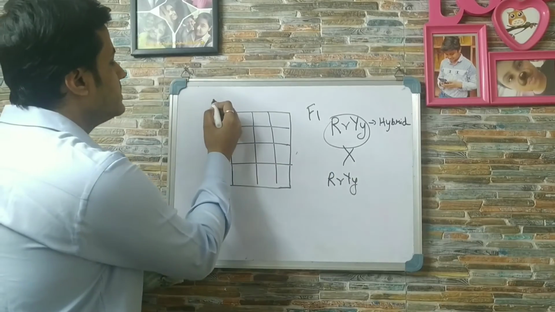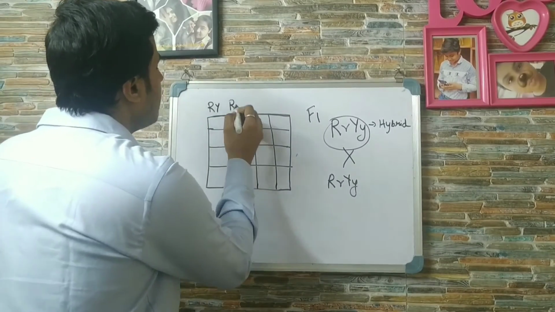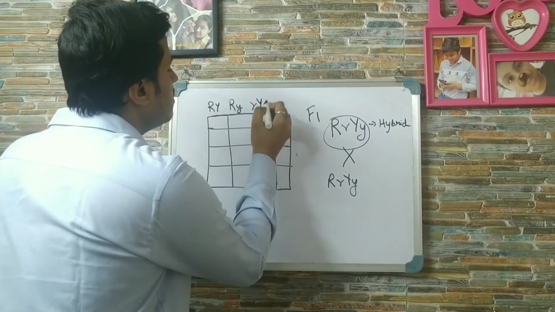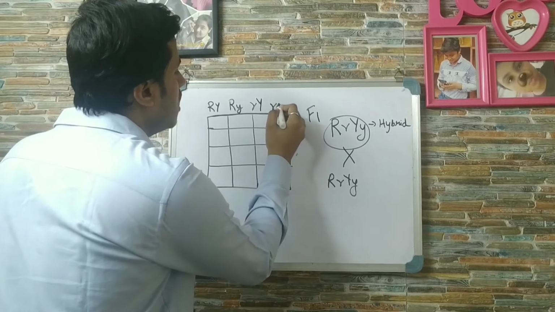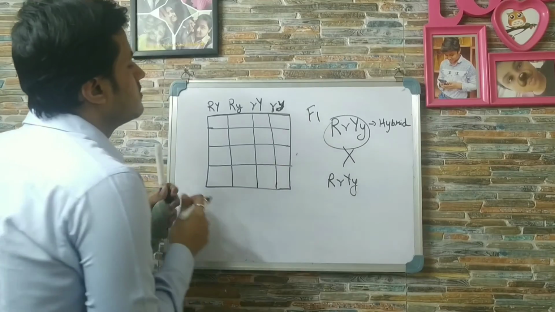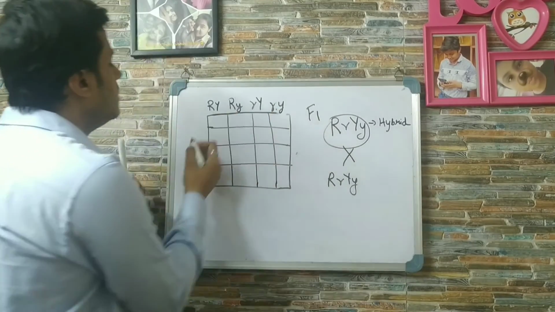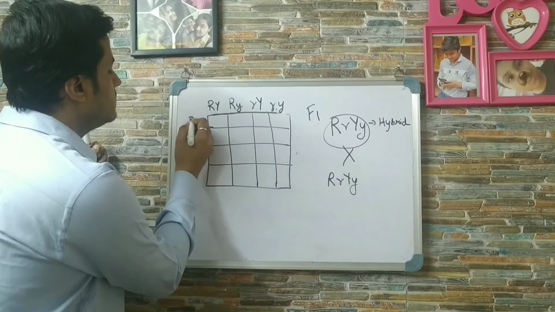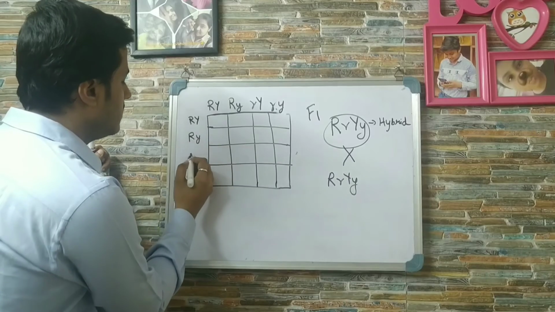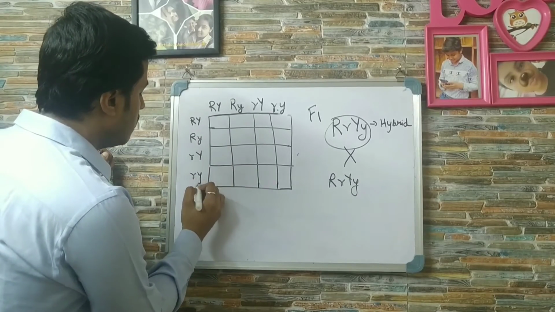So if you try placing this as RY, then it will be capital R small y, then small r capital Y, and last one will be small r small y. Okay. Similarly, same will be on the other side, that is capital R capital Y, capital R small y, small r capital Y, and small r small y.